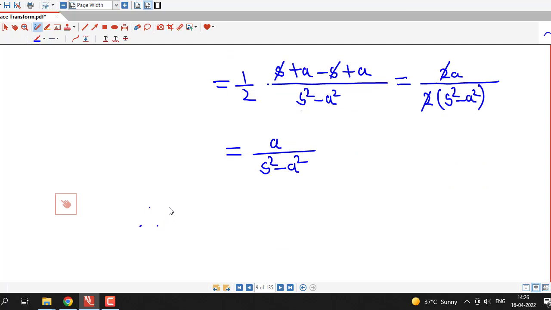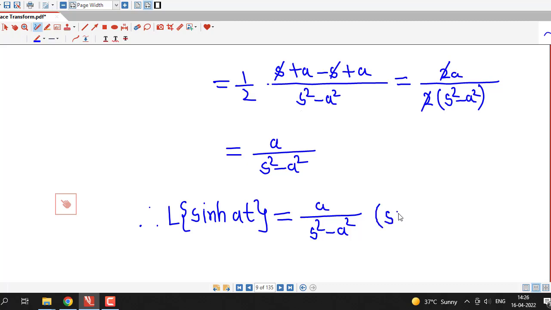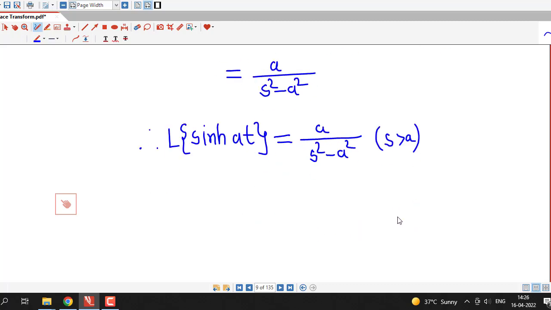So therefore we have shown that the Laplace transform of sine hyperbolic at is equal to a divided by s square minus a square, s greater than a. So we have obtained the two formulas for hyperbolic functions, and we will remember these two formulas.